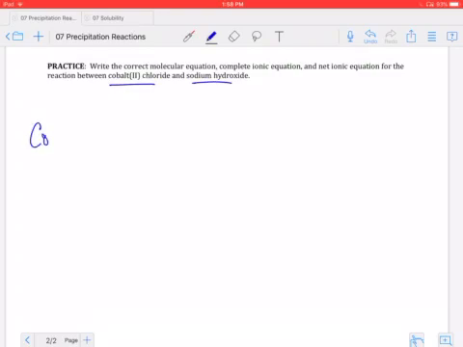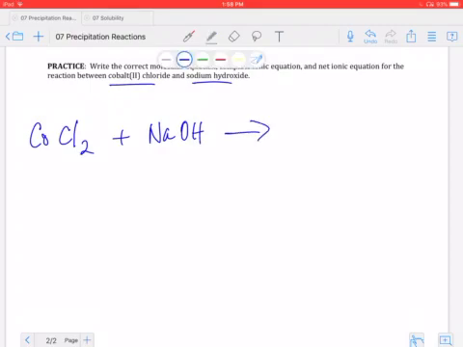Cobalt is Co with a 2 positive charge. We have our chloride, so this is CoCl2, plus our sodium hydroxide. Sodium is 1 positive, hydroxide is 1 negative, so that's just NaOH. And then remember to do our products.